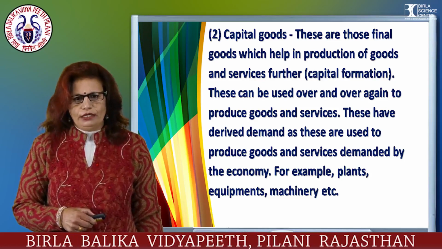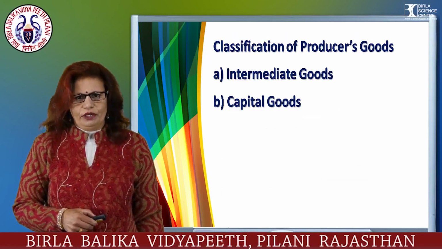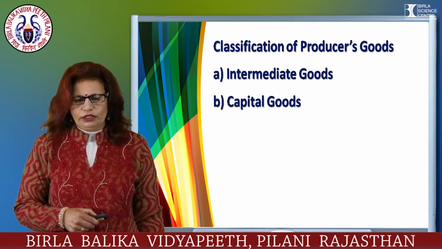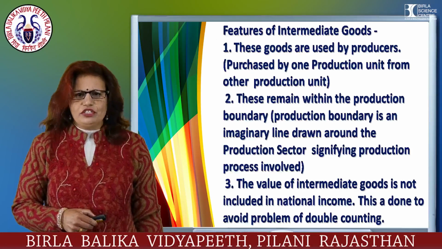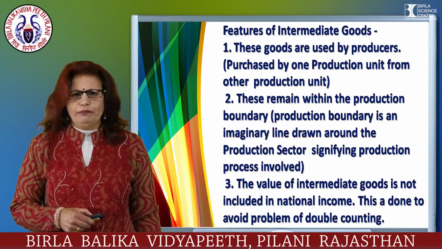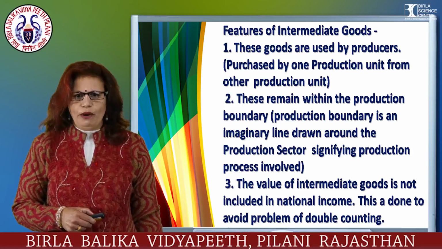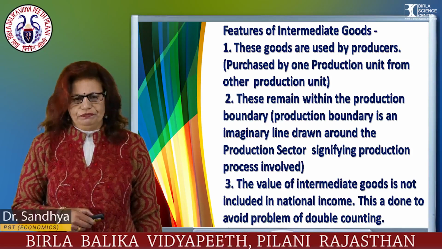For example, plants, equipment, machinery, etc. Now, classification of producer goods: we have already seen intermediate goods and capital goods. These come under producer goods. Features of intermediate goods: these are goods that are used by the producers, purchased by one production unit from another production unit.